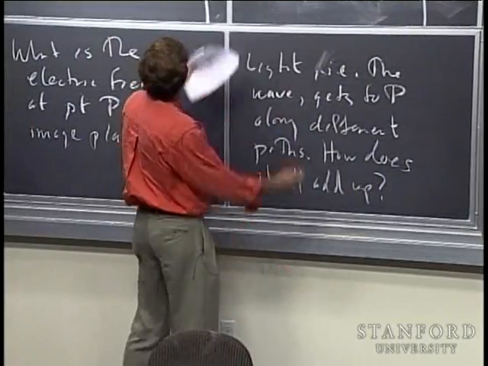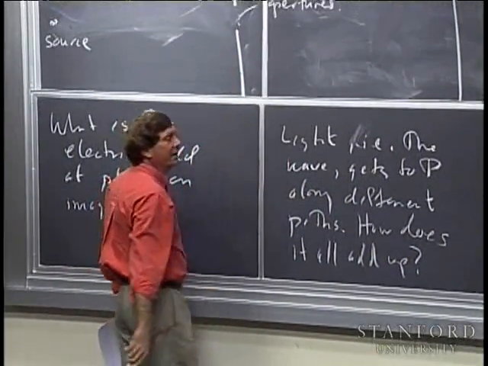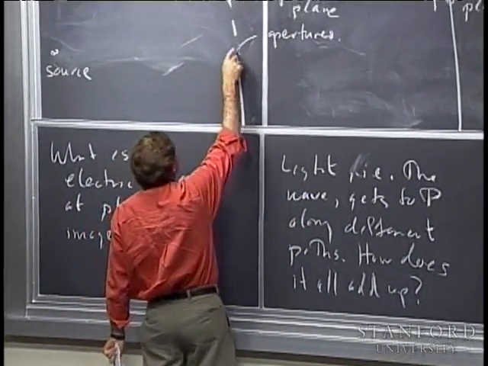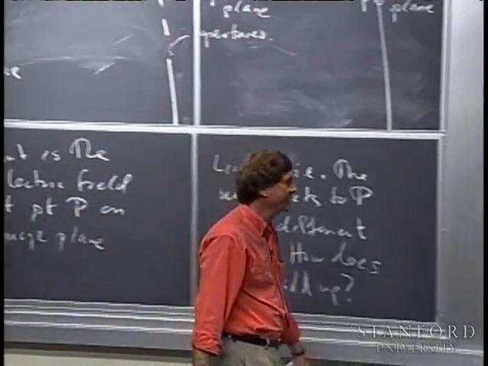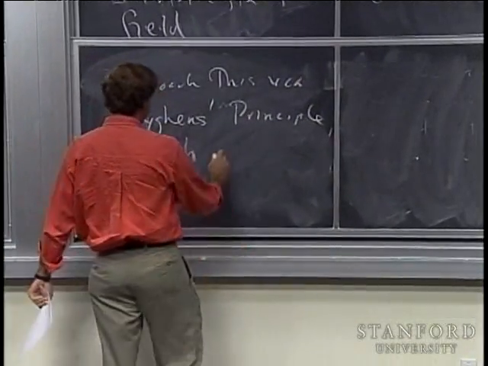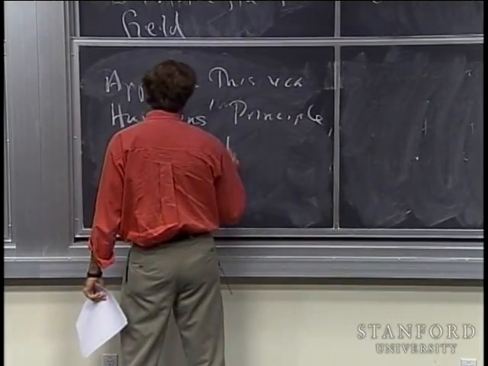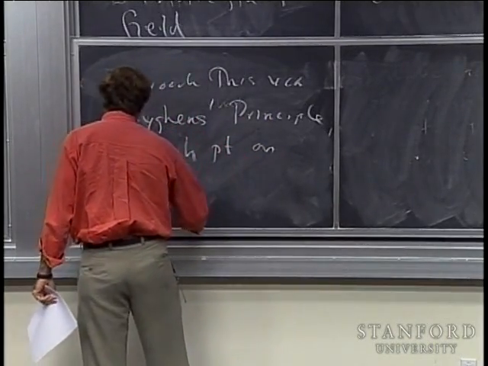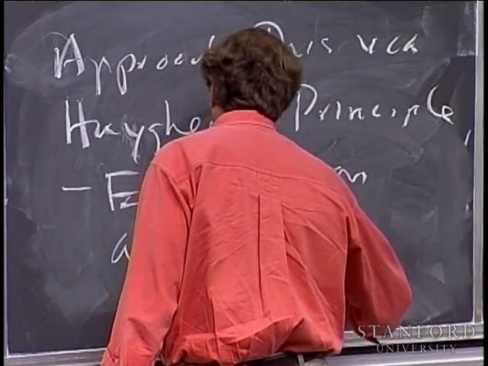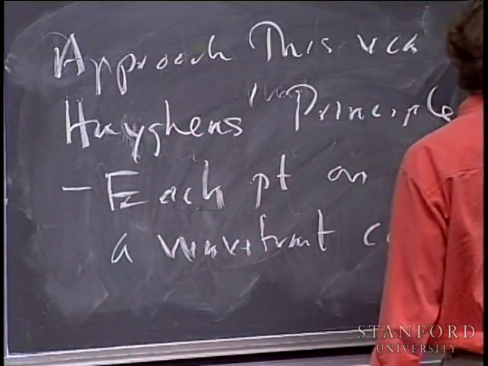So you imagine that this is made up of a bunch of little points, and each point in the aperture, each point on a wavefront, can be regarded as a new source.